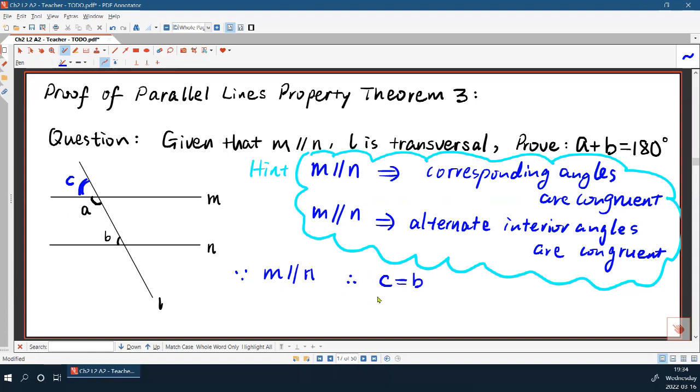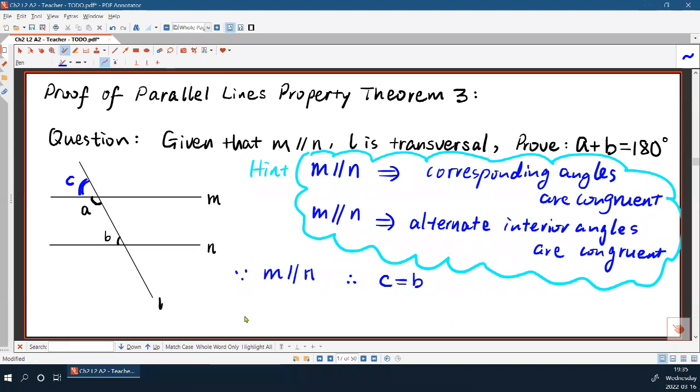Can you see why? Because B and C are corresponding angles, and M is parallel to N. According to property theorem 1, if M is parallel to N, then corresponding angles should be congruent.